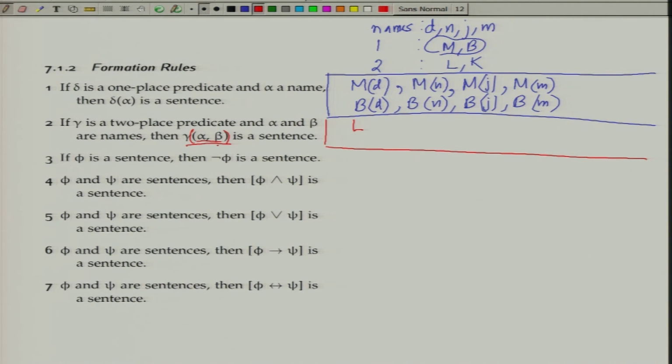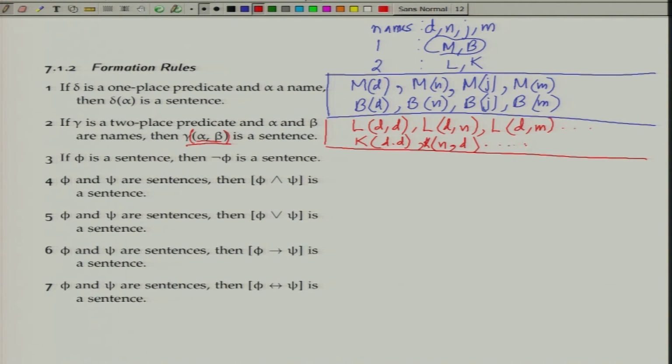So gamma alpha beta can be instantiated as like this, LDN or LDM, many things, and K similarly KDD or KND.